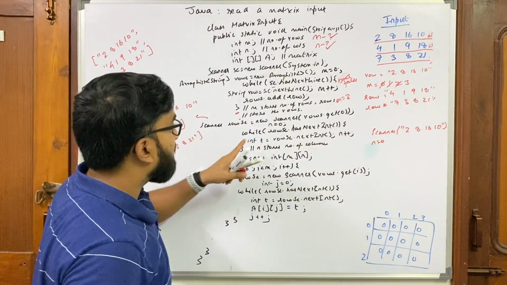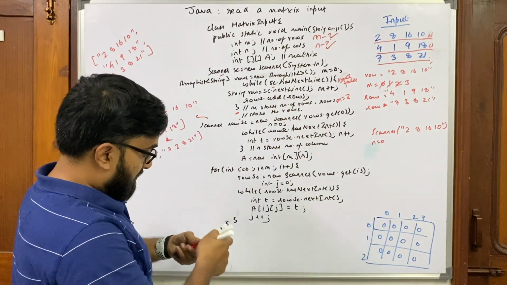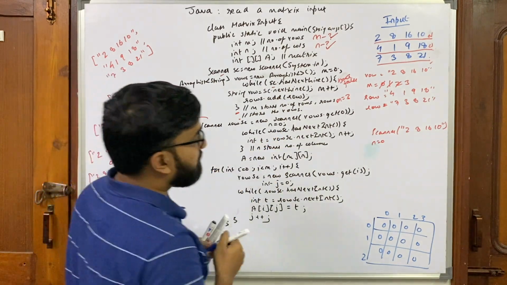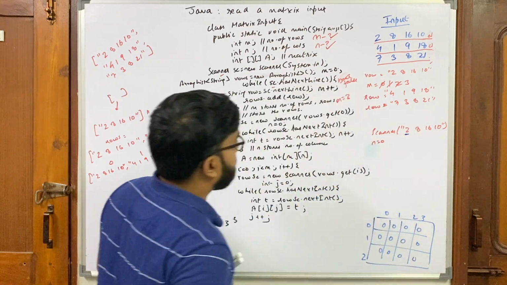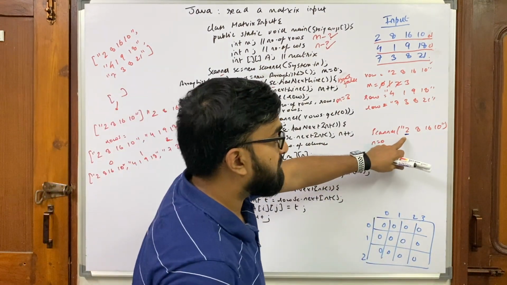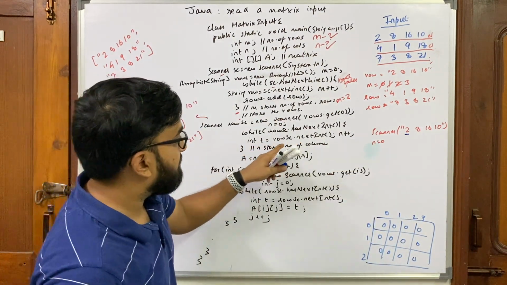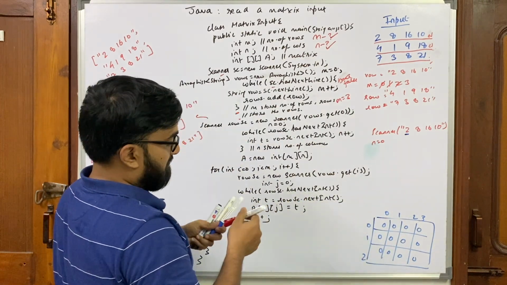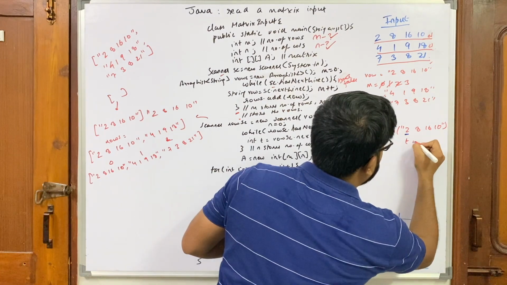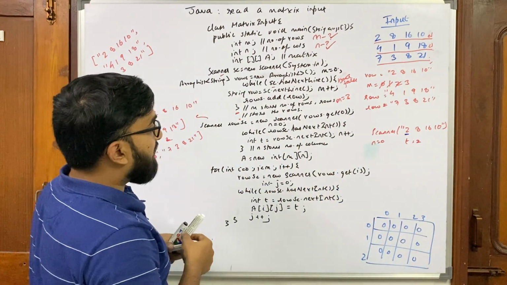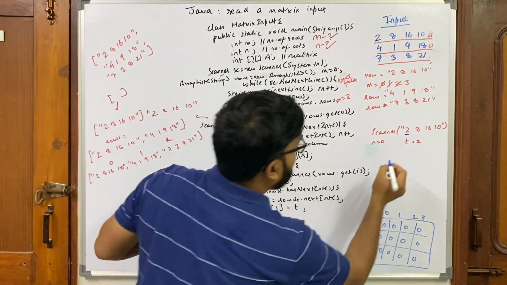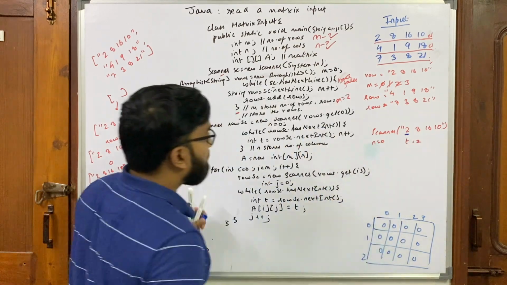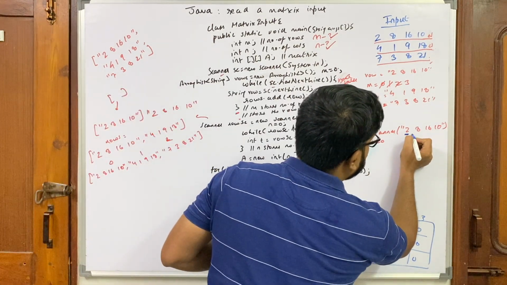We say while row scanner has next int. Row scanner starts scanning and says okay, I see an int. This is not read, this is just checked. We say t is sc.nextInt, so t is 2. When you extract this with sc.nextInt, this part is used now, and you start scanning from the next white space.